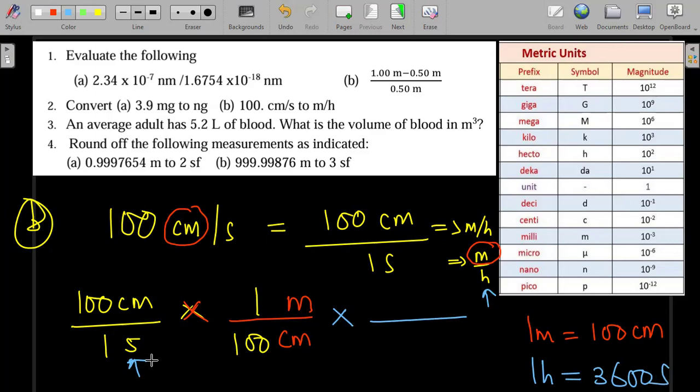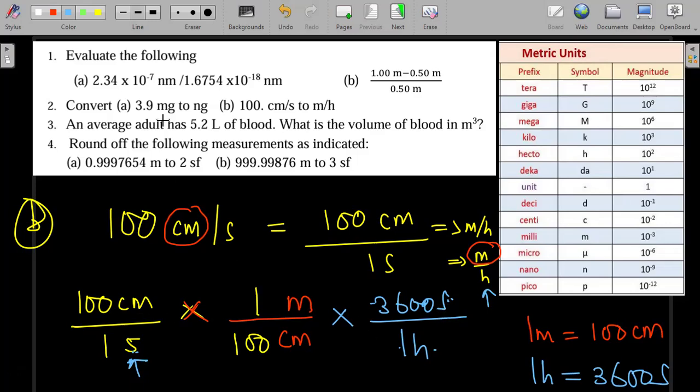I'm going to put 3,600 seconds on top here so that this second and this second can cancel. And then down, I'm going to say 1 hour. So 1 hour is made up of 3,600 seconds.